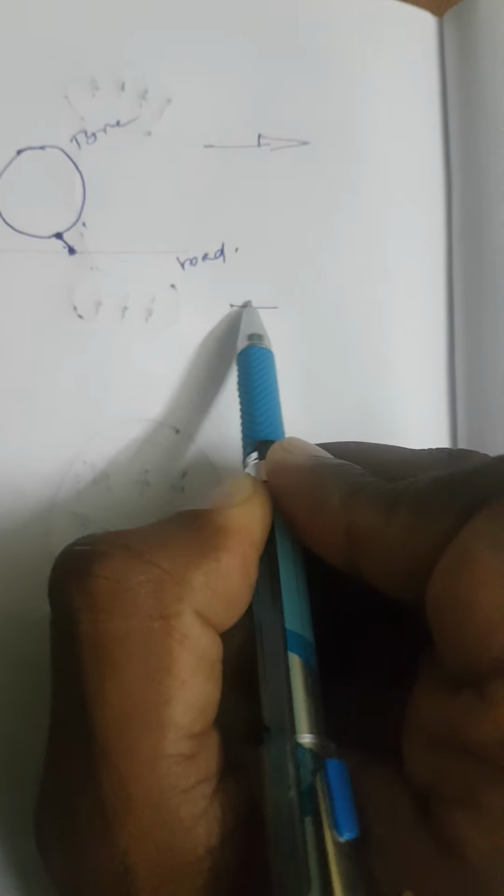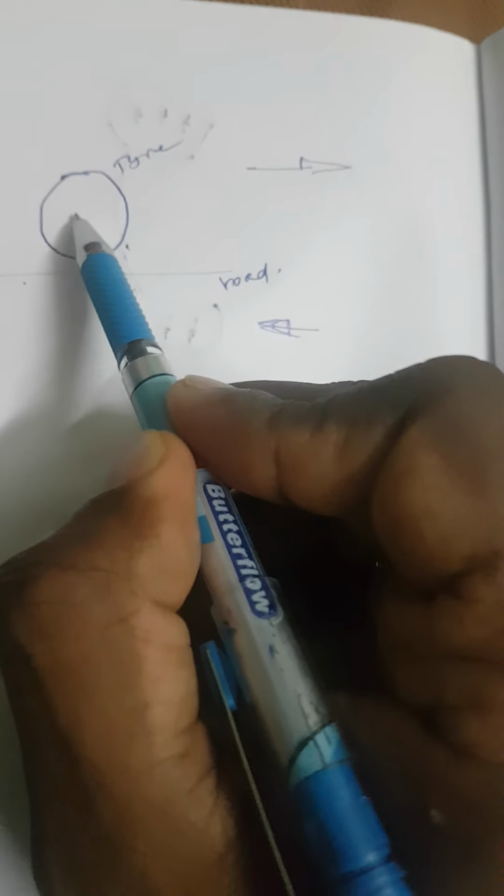So let us consider, instead of the vehicle moving in this direction, the road is moving in this direction, as we discussed earlier. So the tire may roll like this.